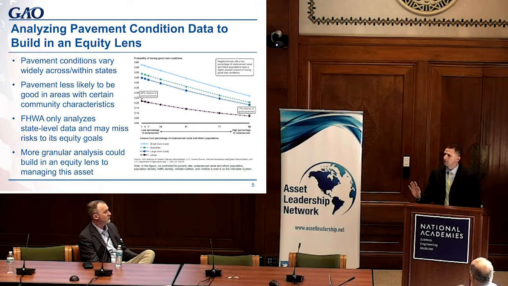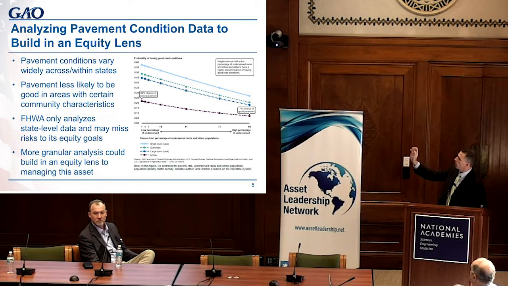Just with the important condition again, correlation does not equal causation. So we don't know why this is what the data shows, but this is what the data shows. I think the graphic here is a good way to illustrate that. So on the left of the axis reflects census tracts that have the lowest percentage of traditionally underserved ethnic and minority populations.